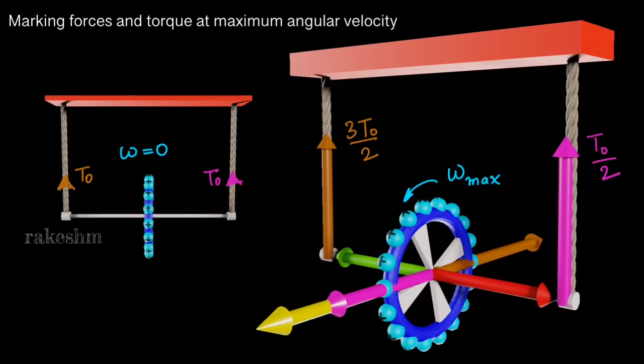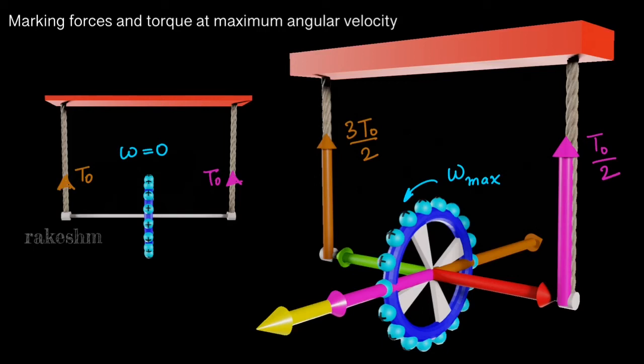As the angular velocity of this wheel increases, we have discussed that the tension in this string increases and the tension in this string decreases. But as this wheel is in translational equilibrium in this direction, the sum of these two tensions must be the same, equal to 2T0, which is nothing but the weight of this wheel.